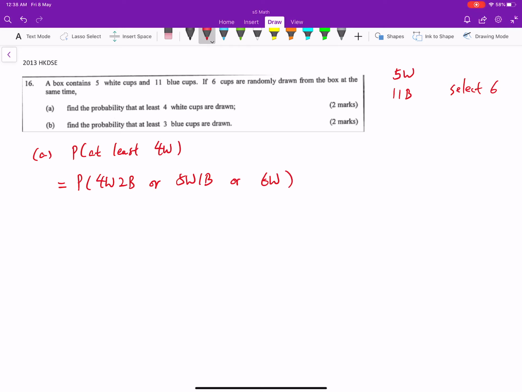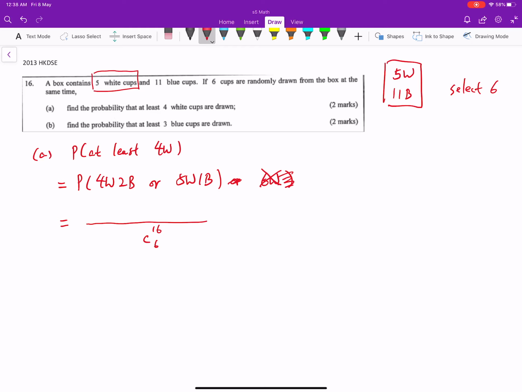But now if you look at the question, we only have 5 white cups, right? So this situation will not happen. So we just simply get this. Okay, so we just use the same skills. Now we have 16 cups in total. So we get 16C6.